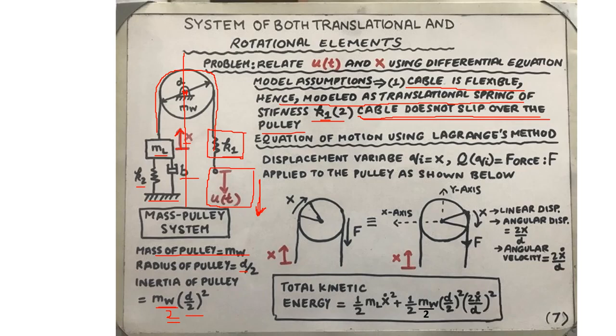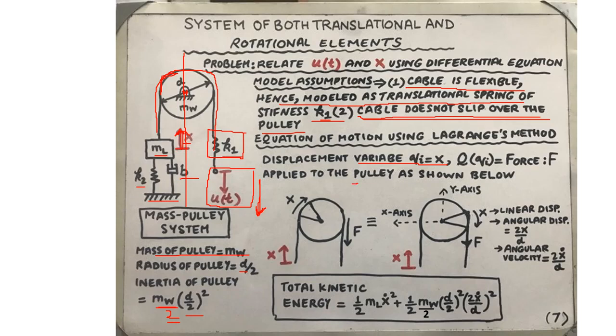So having defined that axis, we next proceed to describe the displacement variable qi. And in this case, we are going to take the displacement variable as qi equals x. It makes sense because whatever vertical displacement is exhibited by the mass, same is the displacement of the pulley, the linear displacement of the pulley.